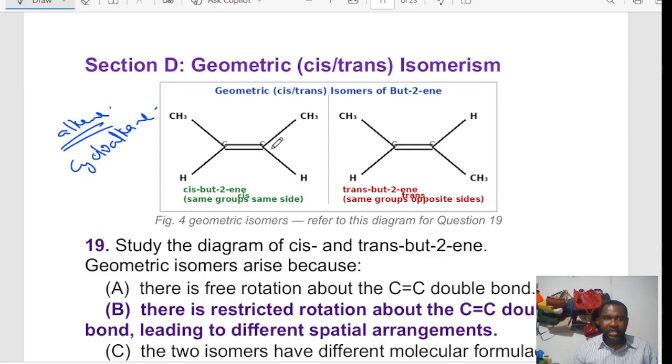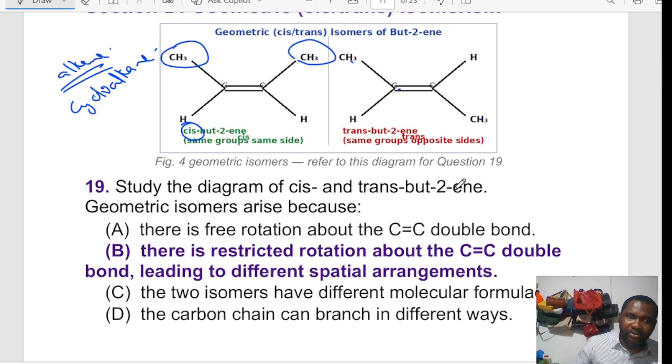Now look at this. This is a carbon-carbon double bond, but here you have CH3 and here you have CH3. They are both on the same side. That's what makes them cis. But here you notice that CH3 is here, CH3 is here, and that makes it trans. It is trans. That's important for you to note.